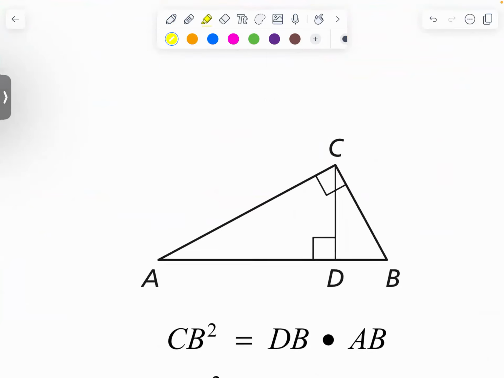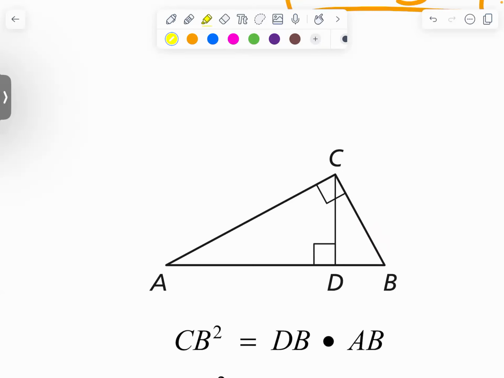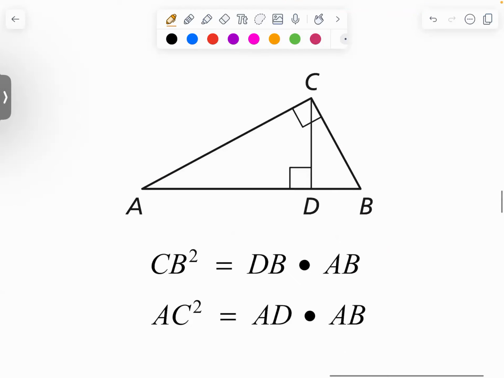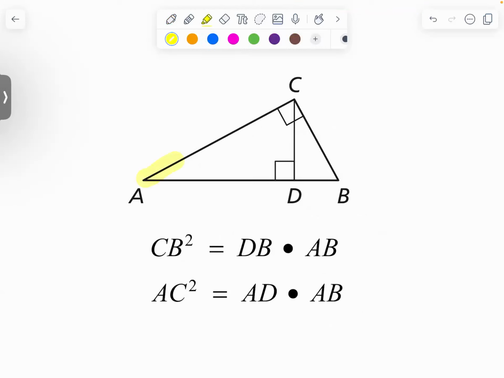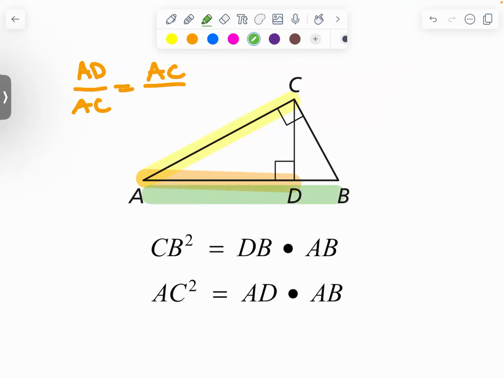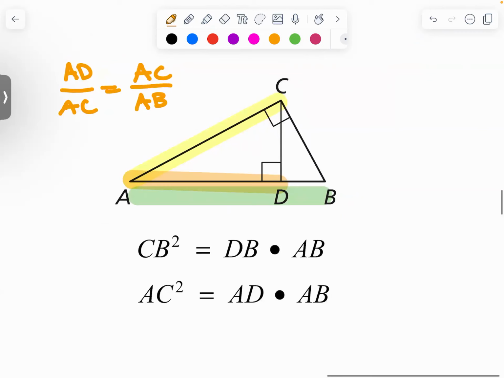Okay, so in this picture, AC is the geometric mean between AD and, wait for it, AB. Or we can do it on the other side.